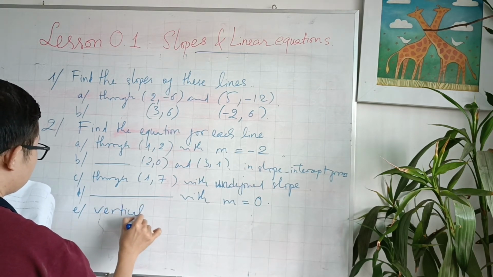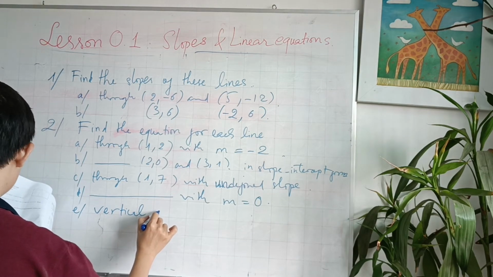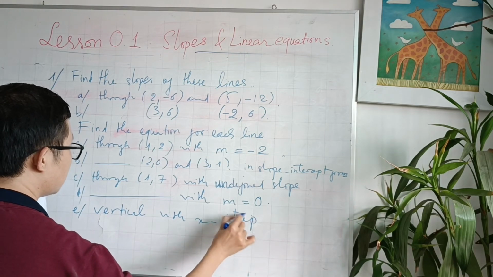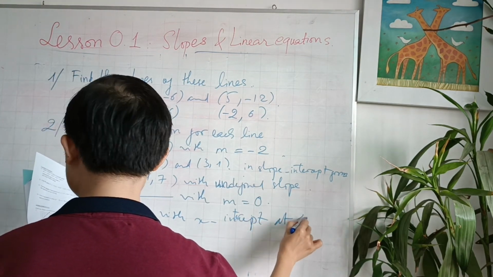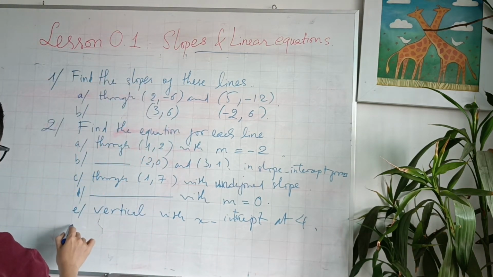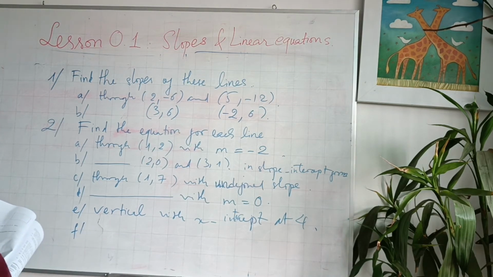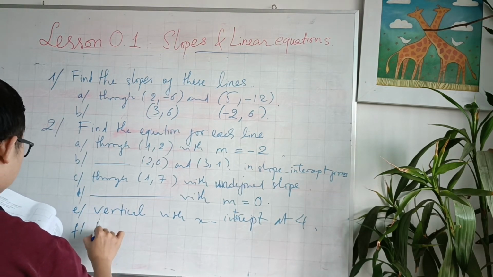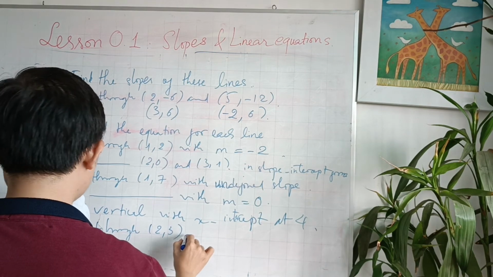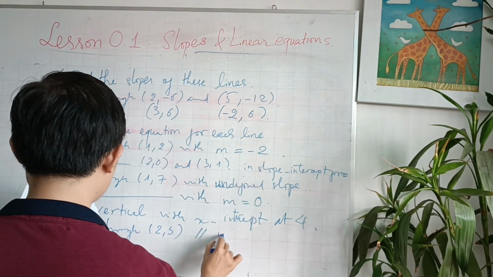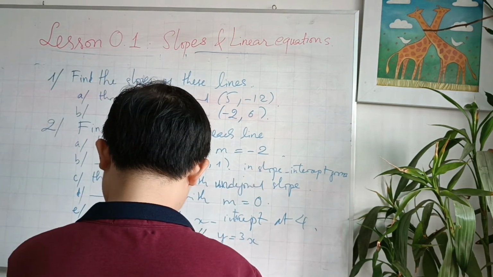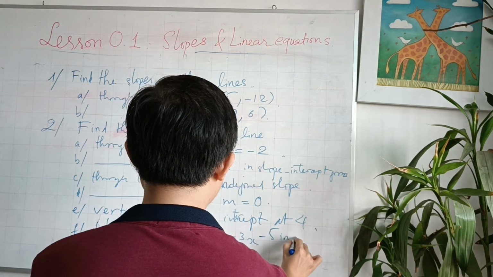E: a vertical line with its intercept F4. F: through 2, 3 and parallel to the graph of y equals 2x minus 5, in general form.